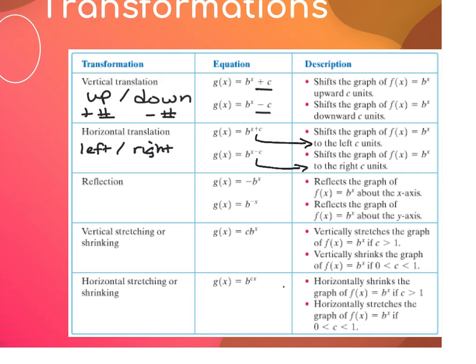So think about the other graphs where we had parentheses. When the shift was in the parentheses, it was backwards, it was left and right. And then when it was outside the parentheses, that was when it was up and down. When you shift your graph left and right, we're not moving the asymptote. It's going to stay at y equals 0.